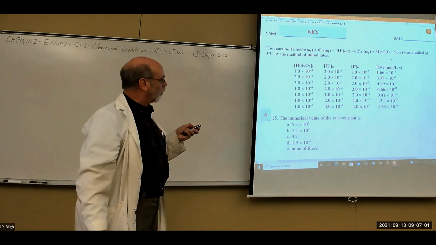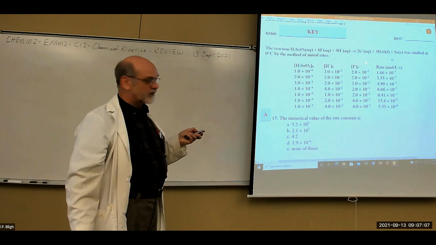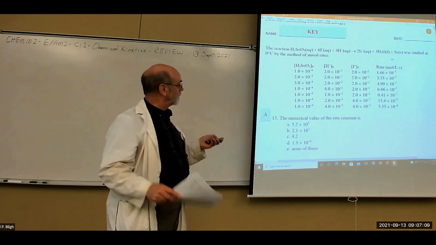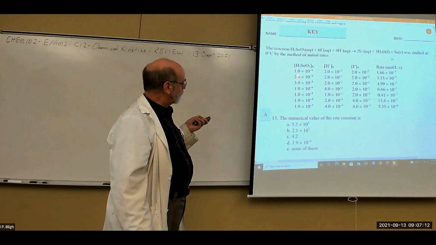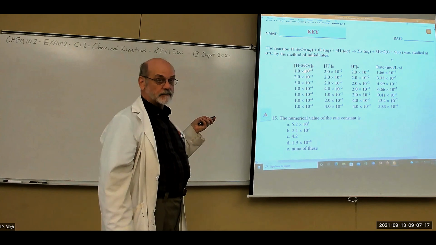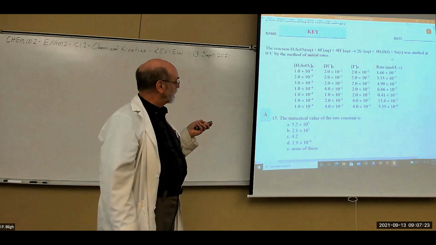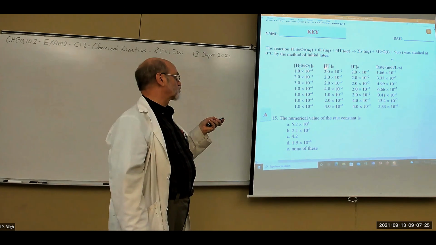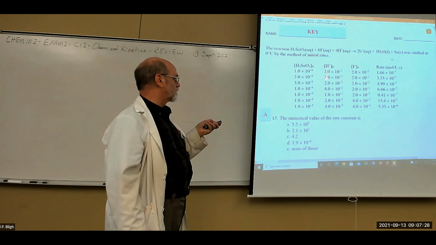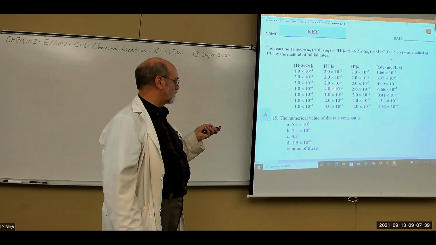We've determined the order for each of the reactants. Here, that one, that one, that one. And we do it the same way we did that earlier problem. I would use this first one to determine the order for selenous acid, because that one changes, that one doesn't, that one doesn't. And then for this one, we want this one to change here to here. That would do it. How about this one? Changes from here to here.